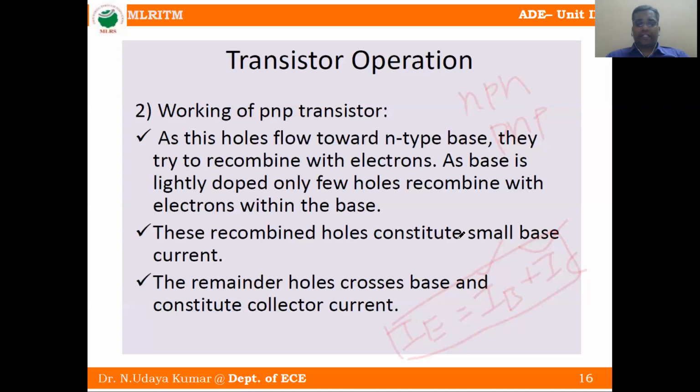So emitter size is medium, base size is small, and collector size is large. Doping wise, the emitter is heavily doped, the collector is moderately doped, and the base is lightly doped.